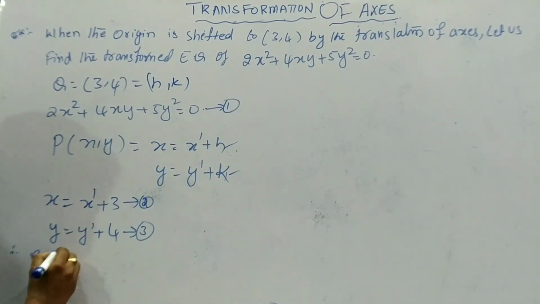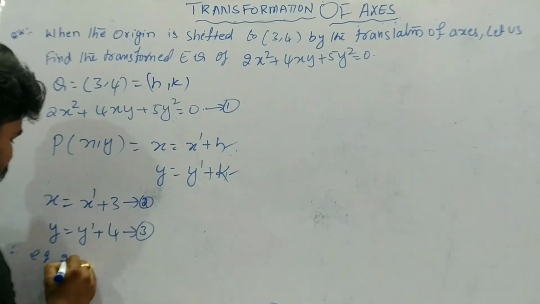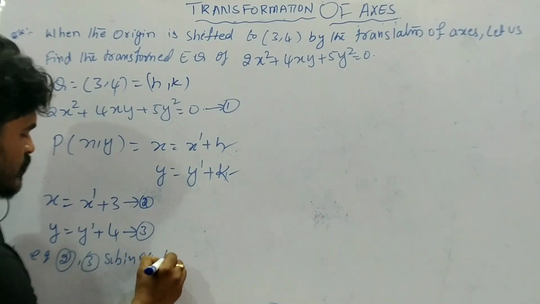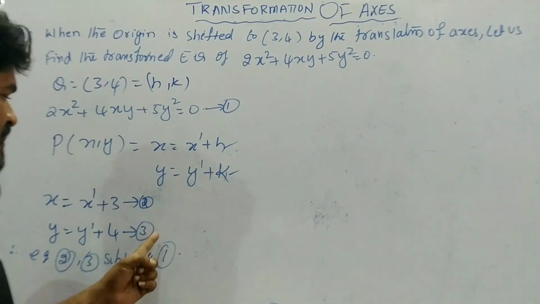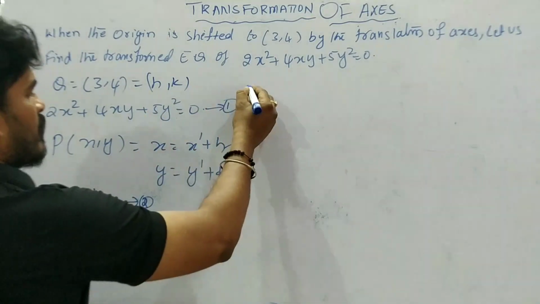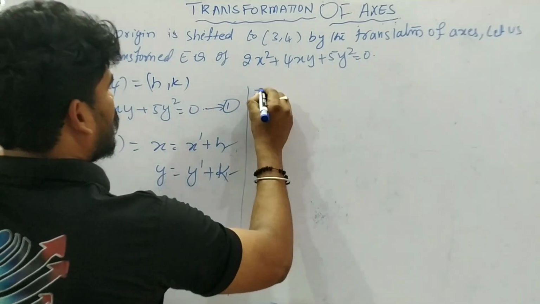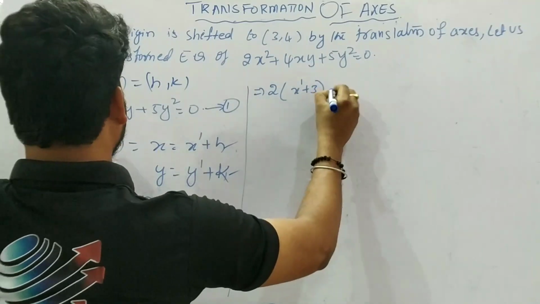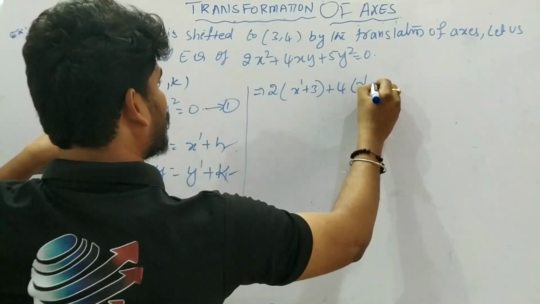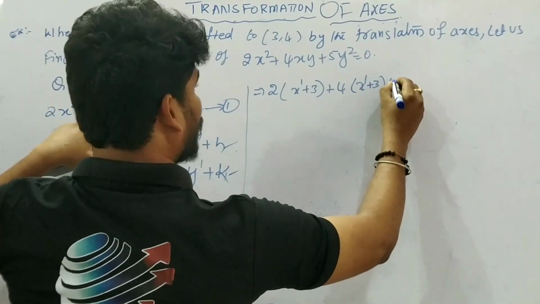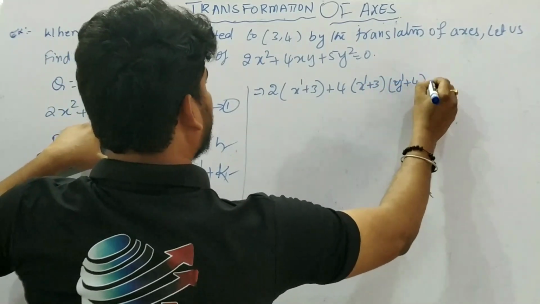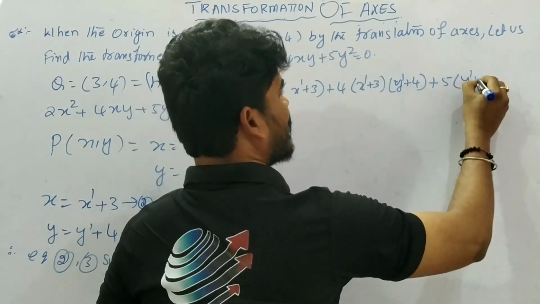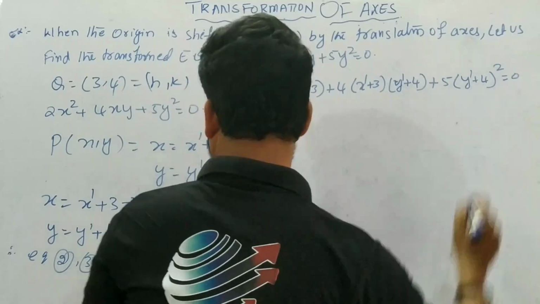Equation 2 and equation 3 we are substituting in equation 1. Therefore, 2 into (x dash plus 3) whole square, plus 4 into (x dash plus 3) into (y dash plus 4), plus 5 into (y dash plus 4) whole square, equal to 0.